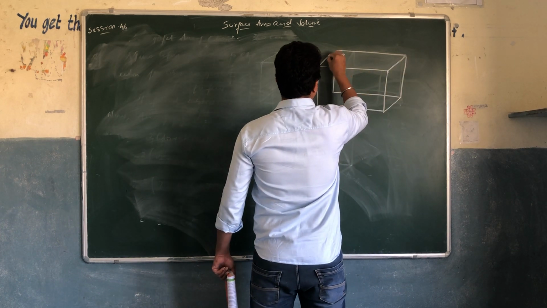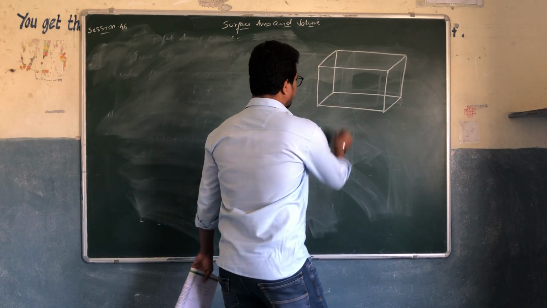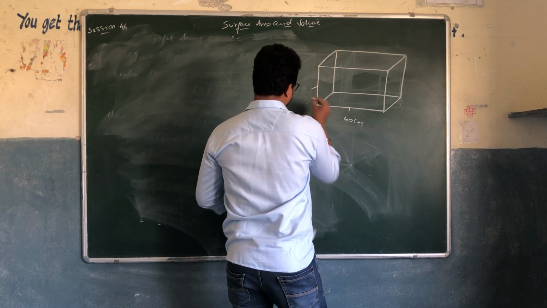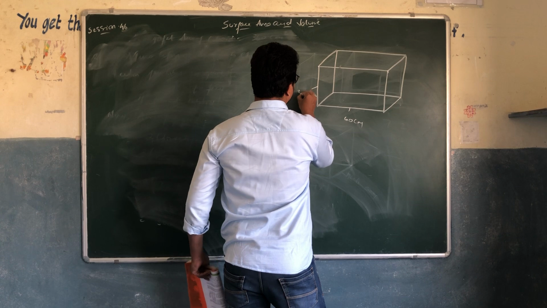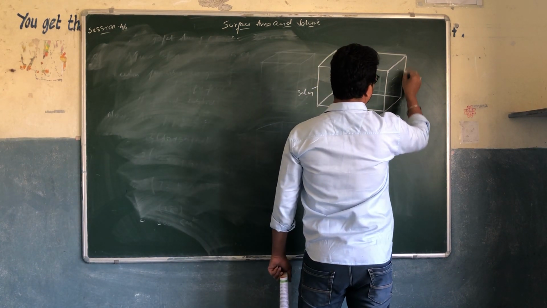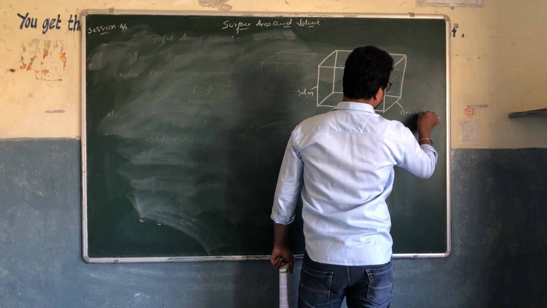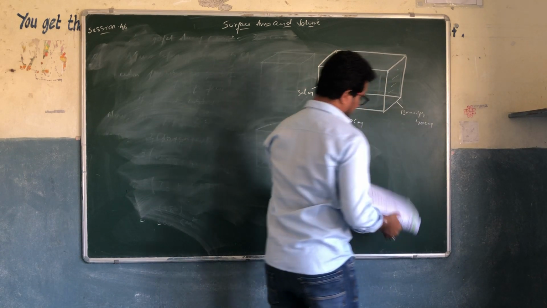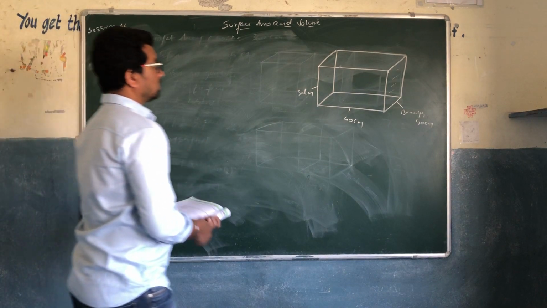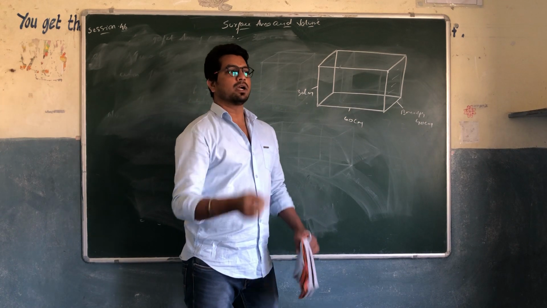So with the measurements we can understand that it is forming a cuboid. This is 60 centimeters, this is 30 centimeters height, and this one is breadth, which is 40 centimeters, right? He's not talking about inside the box, he's just talking about the outside of the box.